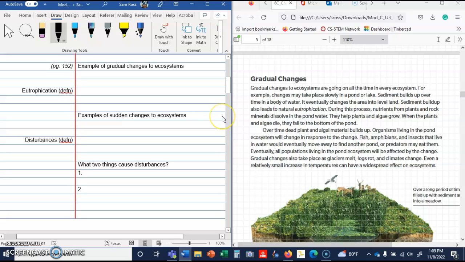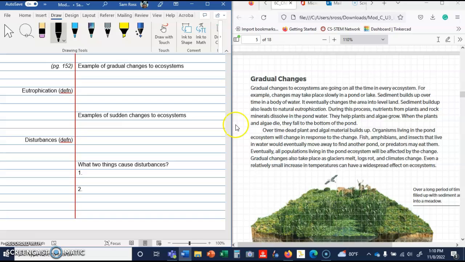If we're going to write something down here, I would write, during this process, nutrients from plants and rock minerals dissolve in the pond water. It just becomes a place where plants grow and algae grows, and that's eutrophication.